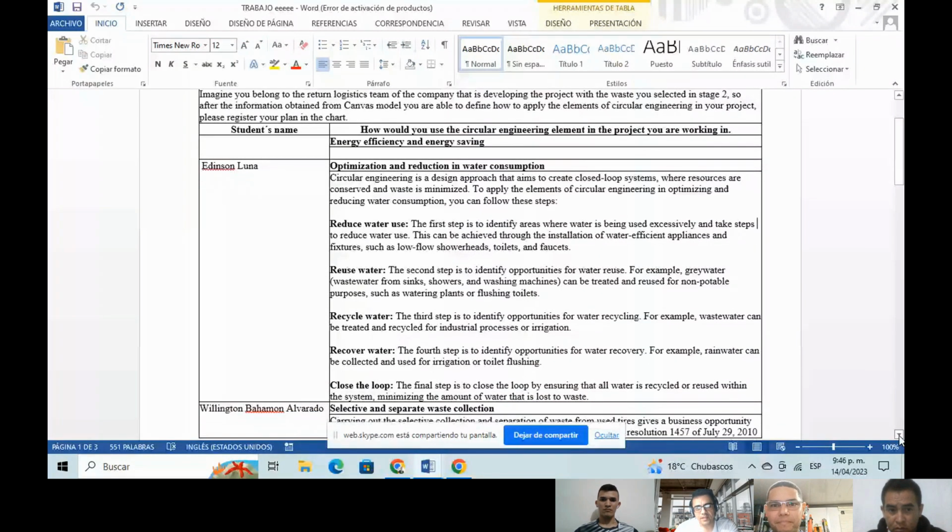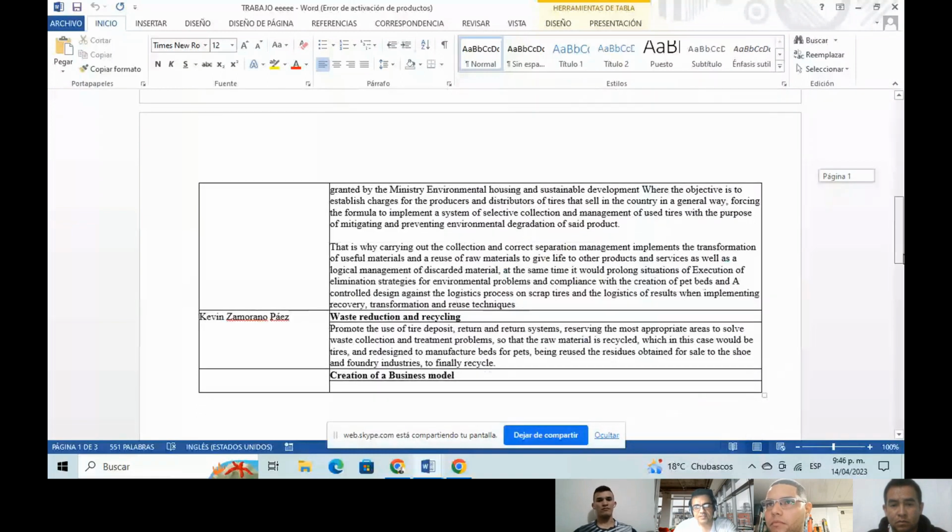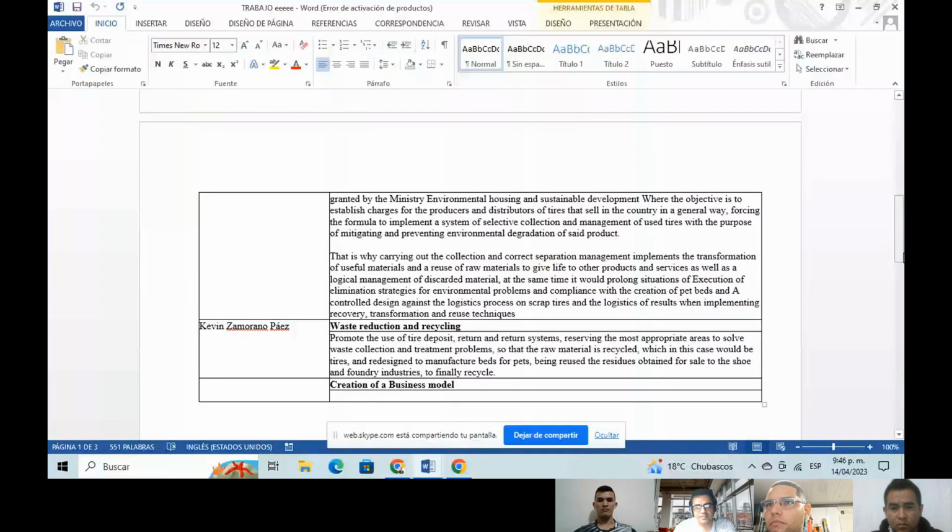Hello, I am Ángel Raúl Anaya. Next, I will explain how I would use the element of circular engineering in the project we are working on. The element is energy efficiency and energy saving.